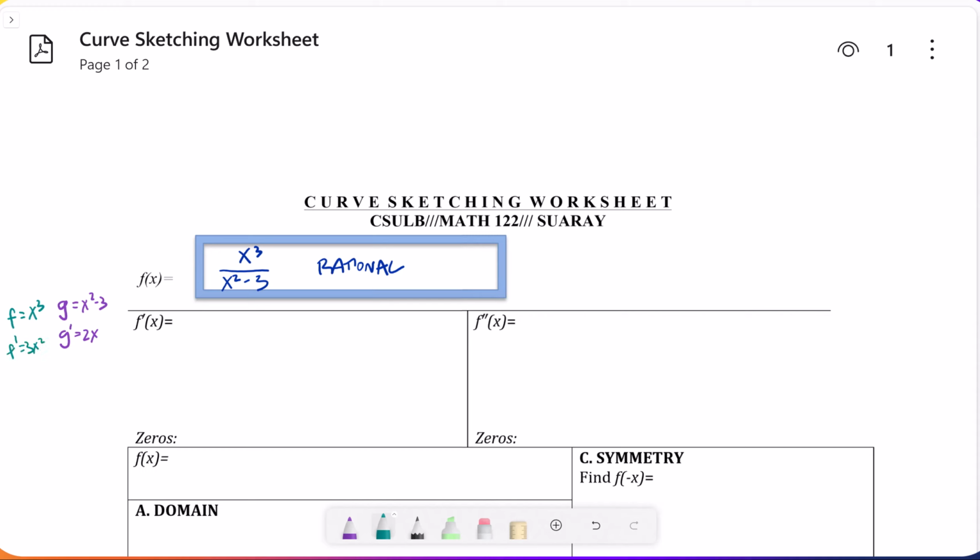Okay, so our f prime g minus g prime f is going to give us 3x squared times x squared minus 3, can't forget those parentheses, minus g prime f will be 2x times x cubed. We'll divide all of that by x squared minus 3 quantity squared.